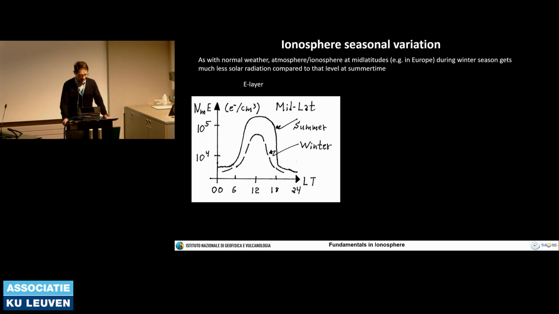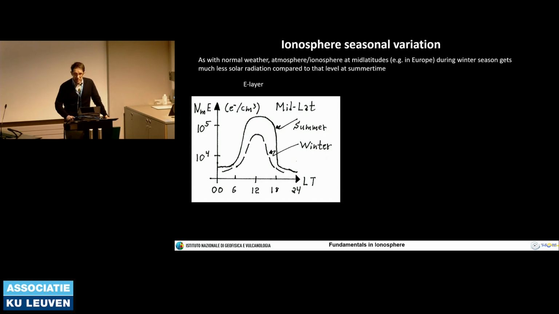So at mid-latitude, as with the normal weather, less solar radiation translates to less photoionization. This is quite true, for instance, for the E-layer behavior. The peak density during daytime, for instance, is lower in winter than in summer.